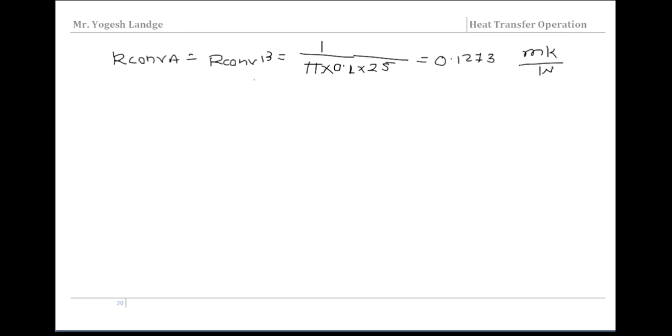Now I have the values of R conduction A, R conduction B, and R convection A as well as B. Now I use the equation to get the total heat loss from the pipe.